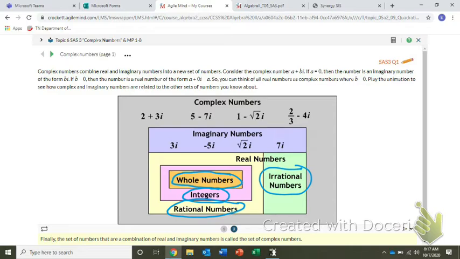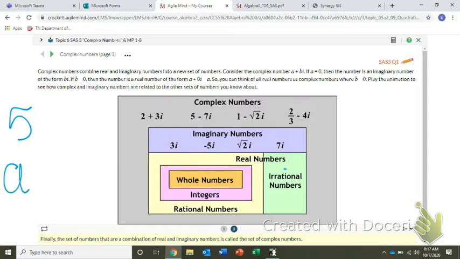So what this means is all numbers are complex. All numbers are complex. If I just write 5, okay? Just write the number 5. Remember, complex is A plus BI. What is that number missing? It's missing the what component?